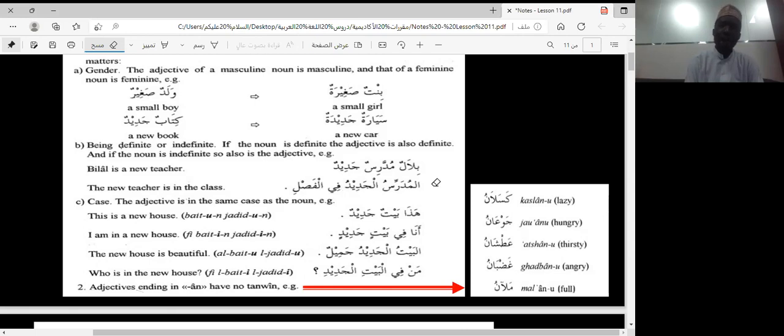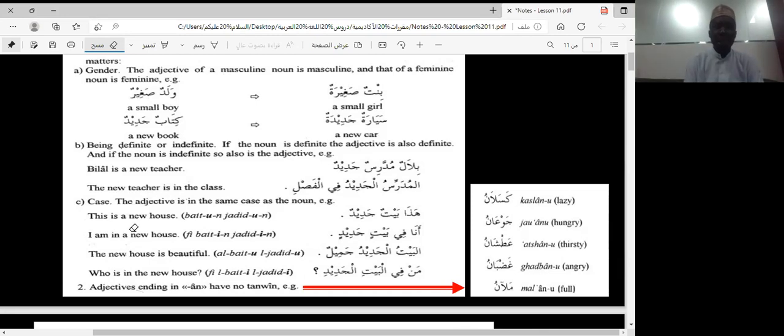So we have Al-Mudarrisu Al-Jadid, the new teacher, fil fasli. So we told others that Na'at and Man'ut are in agreement in some things. One of which is gender. One of which is being definite or indefinite, and the last one is case.